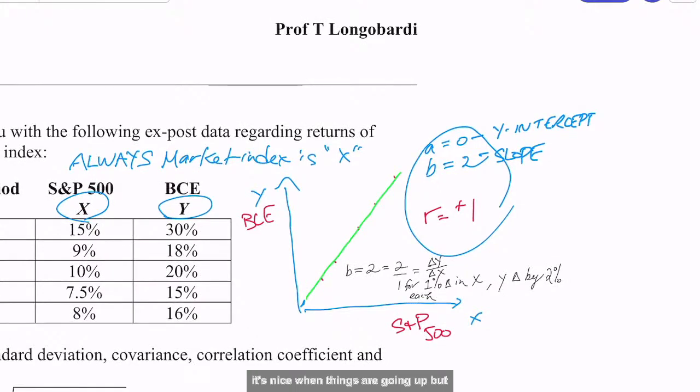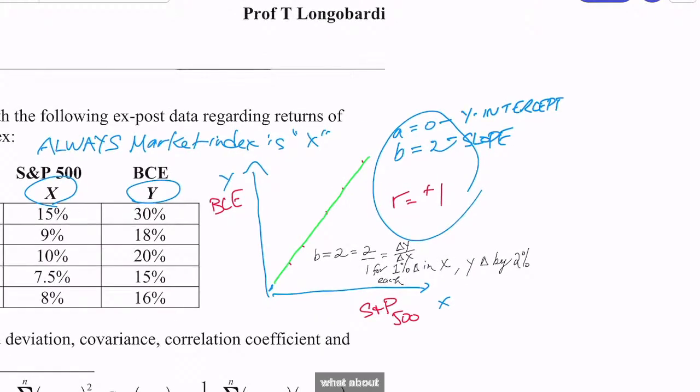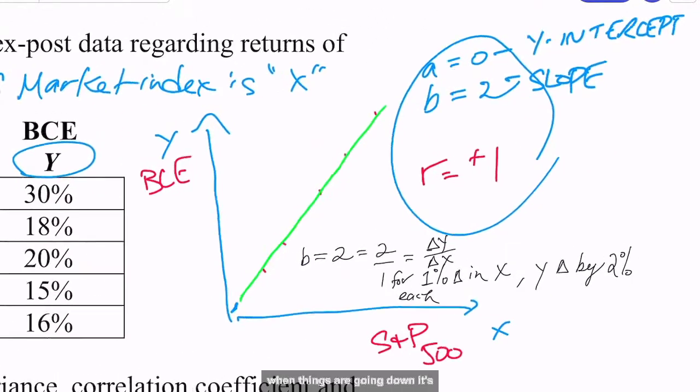it's nice when things are going up, but what about when things are going down?